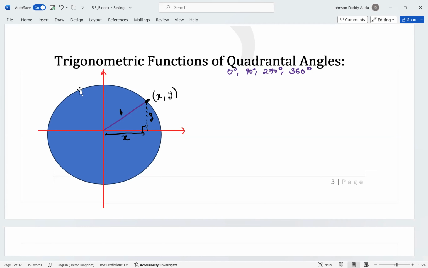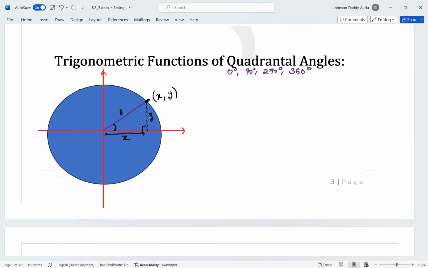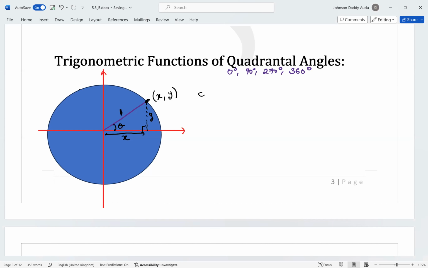Now what can we see from here? If we say here is theta, we can see that cosine theta is going to be x over 1, and sine theta is going to be y over 1. What does that mean?